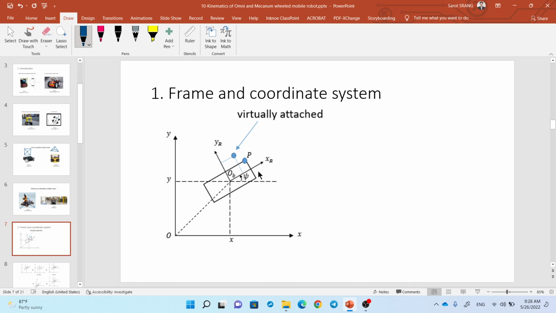And the next frame is the body frame, the frame that is attached with the body. So it means the moving frame represents the moving body, right?